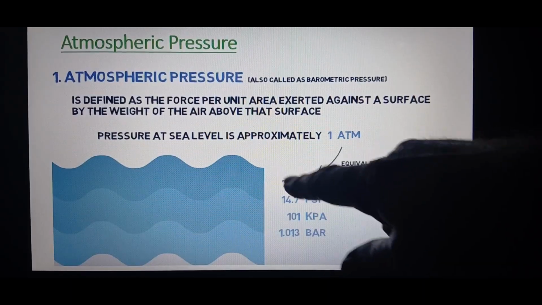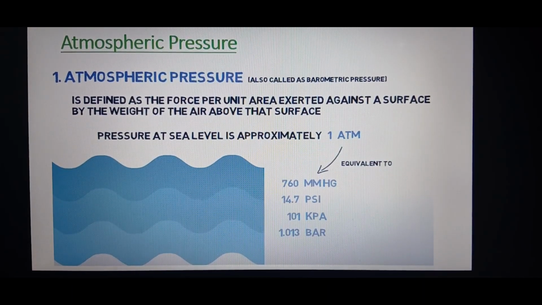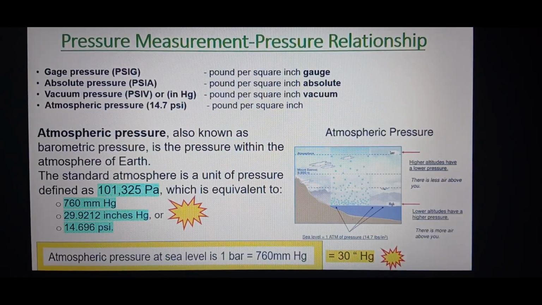This is the value in pressure of that air. That could be equal to 760 millimeters of mercury, or 14.7 psi, or 101 kPa, or 1.013 bar.